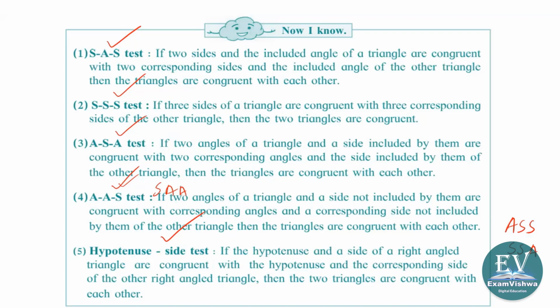So two side and angle test possible? Not possible. It can be proved. I will try to do. This is extra information or more information to say that such a test is not possible.